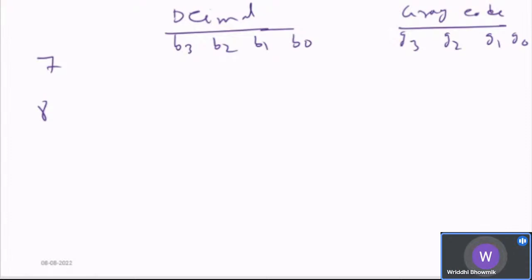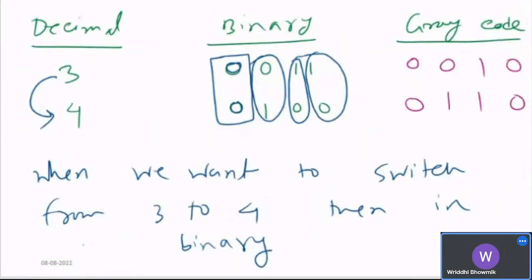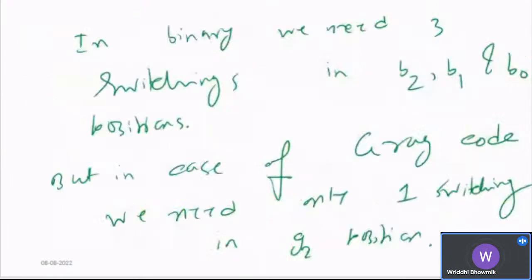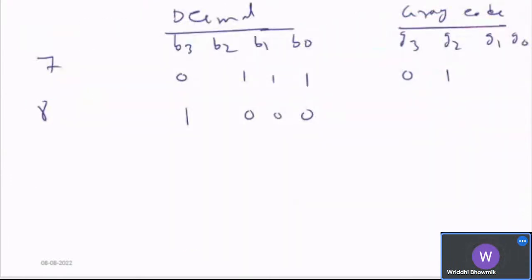In case of 7, you have 0, 1, 1, 1. In case of 8, you have 1, 0, 0, 0. And in case of gray code, you have 0, 1, 0, 0 and 1, 1, 0, 0.